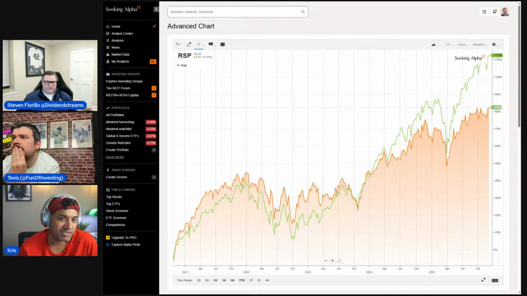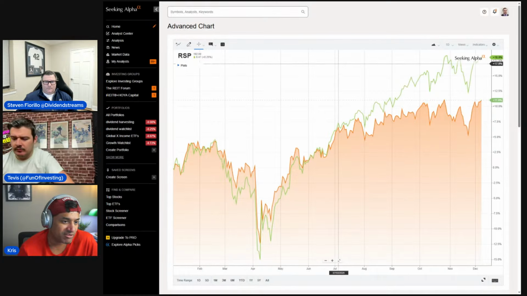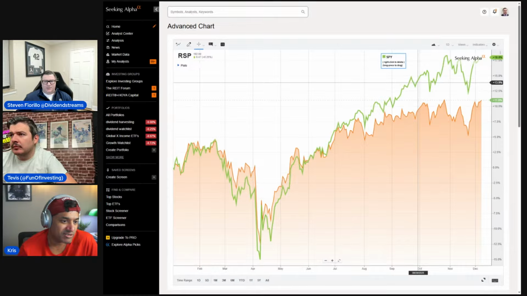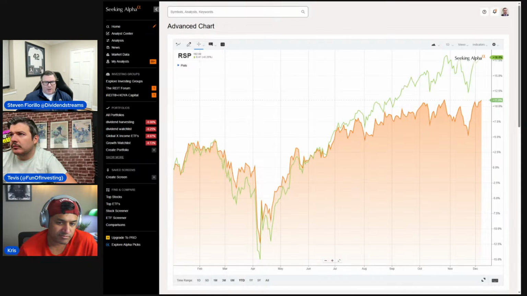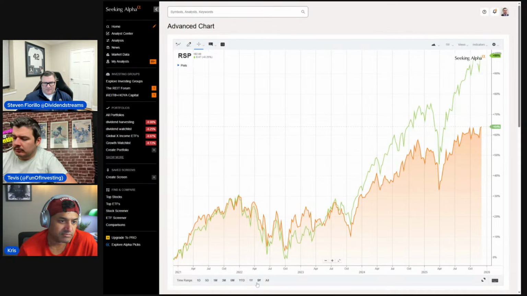But then all of a sudden, because you've seen this rise in the mega caps, you've seen this kind of divergence happen. And I think eventually that divergence will close, you know? So this is year to date. SPY has outperformed by 7%. And if we look at 5 years, it's outperformed by 35%.